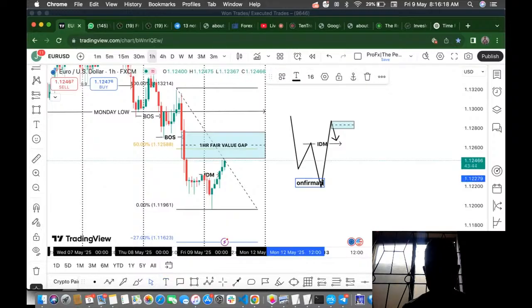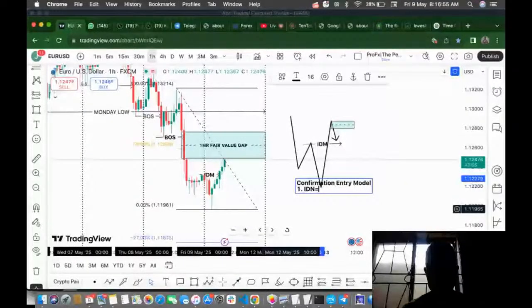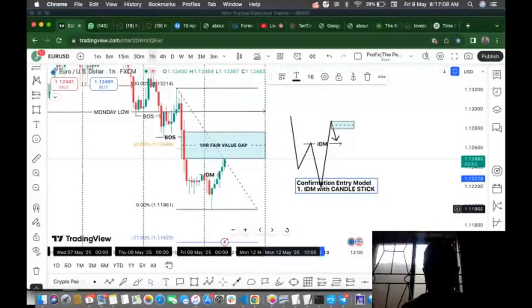Confirmation entry model. One: IDM with candlestick pattern immediately after IDM.